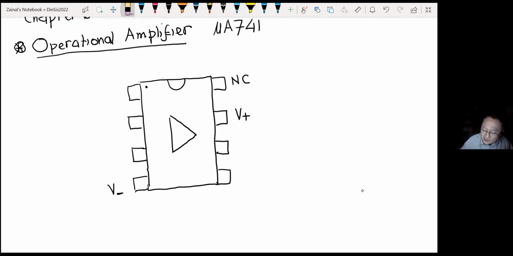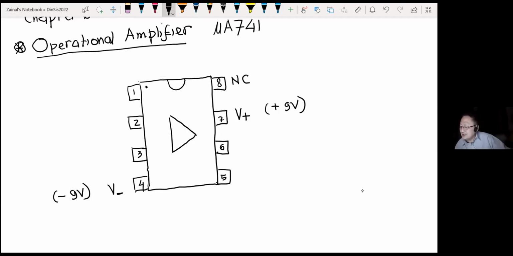If you choose the simple one, for example plus 9 volts, connect this one with plus 9 volts and this one with minus 9 volts. Pins 1, 2, 3, 4, 5, 6, 7, 8. This one is minus, this one plus.